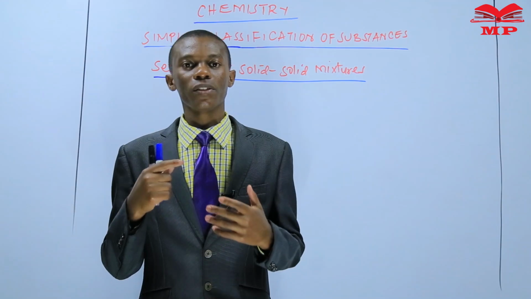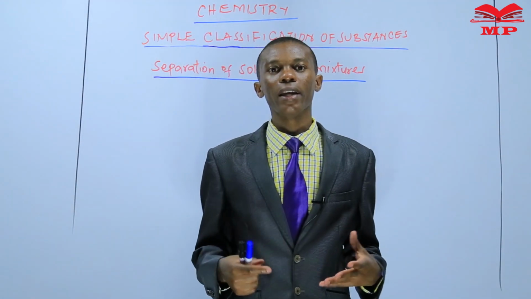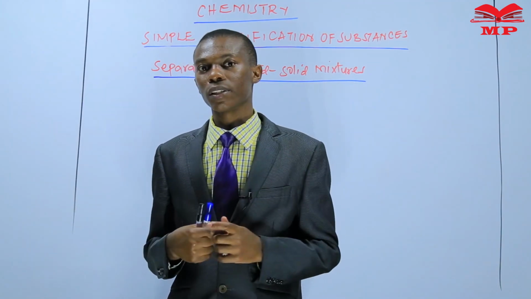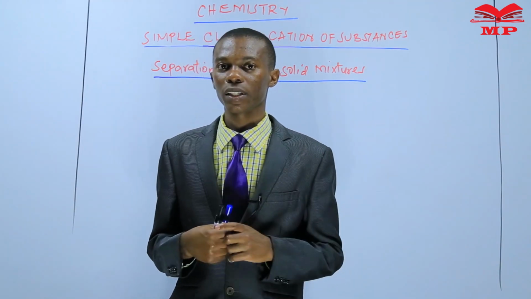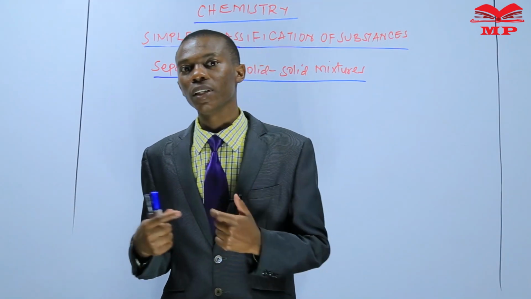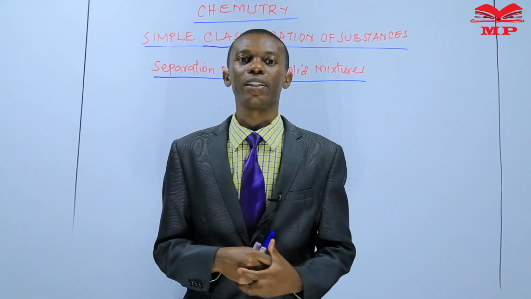We gave examples of all these mixtures, and the assignment was to give examples of the various types of mixtures, like solid gas, solid liquid gas. I hope you've done that assignment.